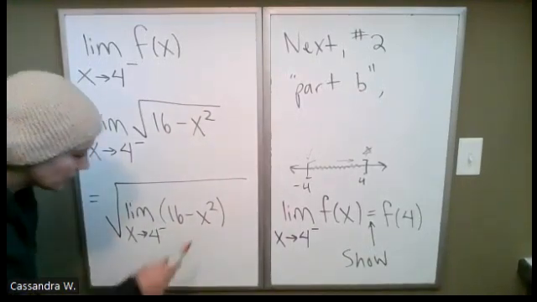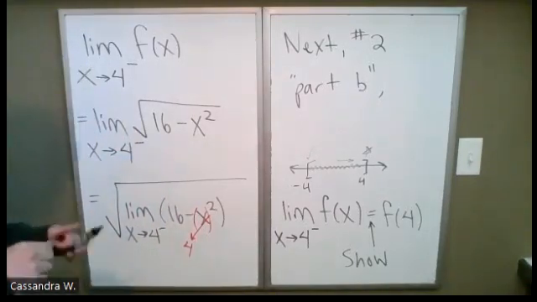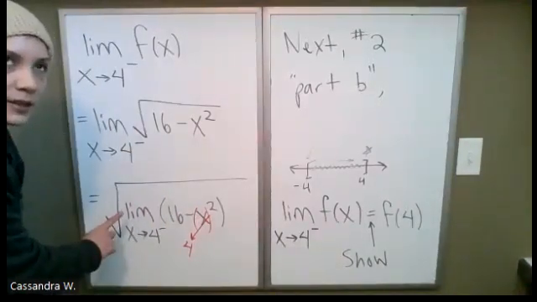And once I do let x go to 4, I don't need the limit notation after that.